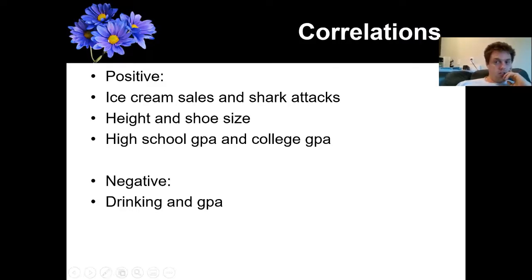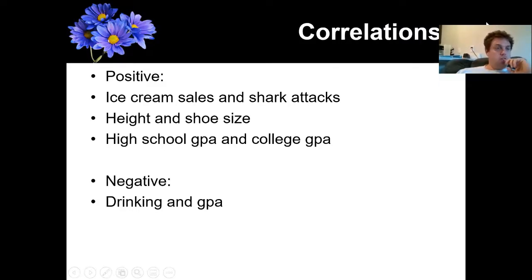So correlations are just going to be a relationship between two or more variables. So there's some predictive ability there. As one variable changes, the other one will change in a predictable direction.